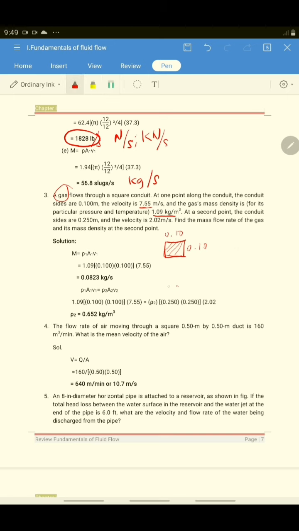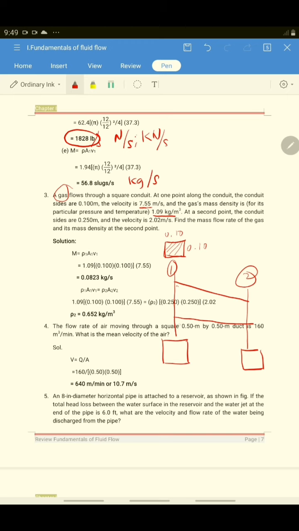Okay, that is from 100. So this is your section 1 and this is your section 2. This will be the cross section of your pipe. Here you have a small conduit.